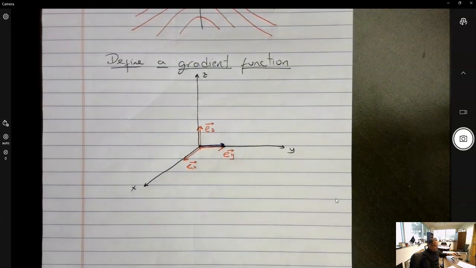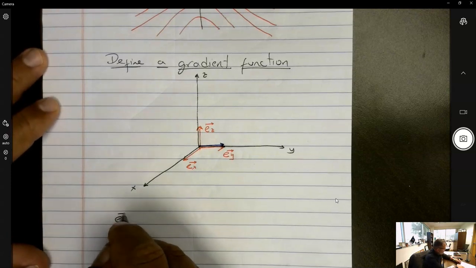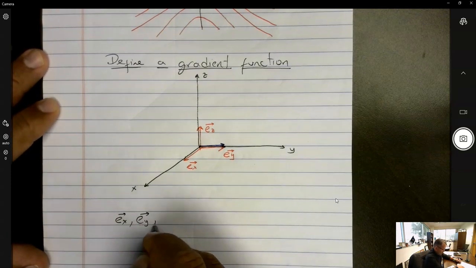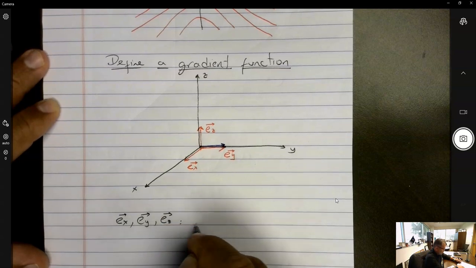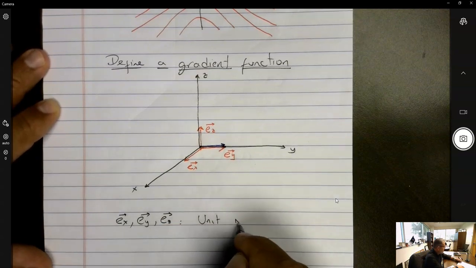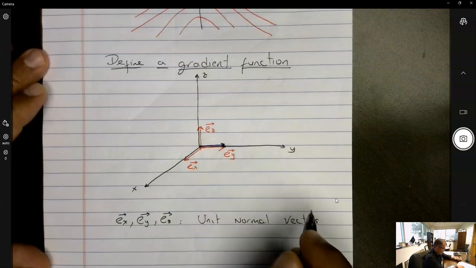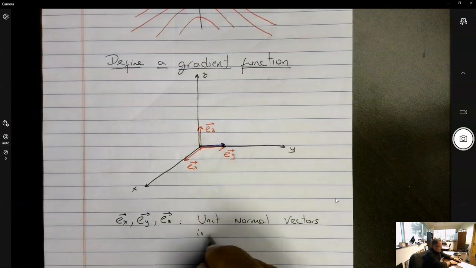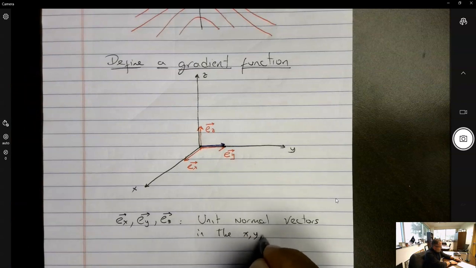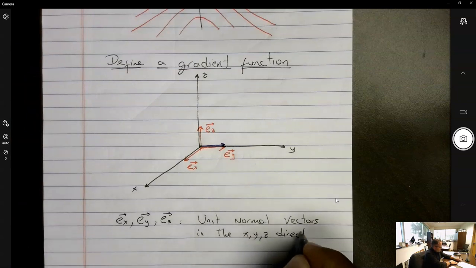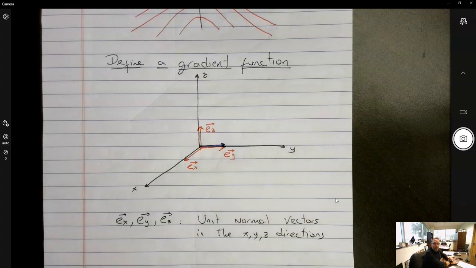These are called the unit normal vectors. So EX, EY, EZ are called the unit normal vectors in the x, y, z directions respectively.